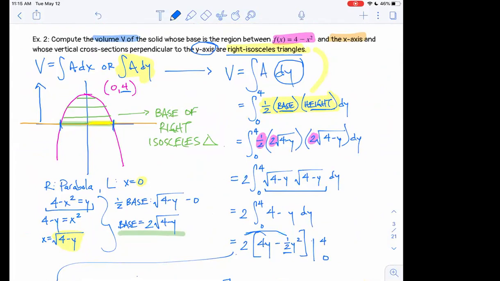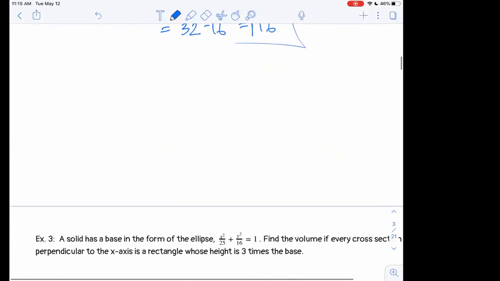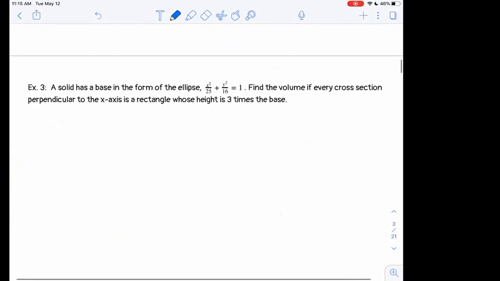What was also different about number 2 is that we had to change all of our equations to be in y's, so that everything would match with the dy we picked at the beginning. Now let's take a look at question number 3.